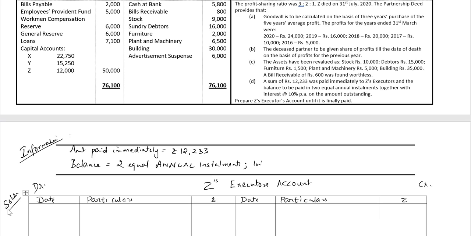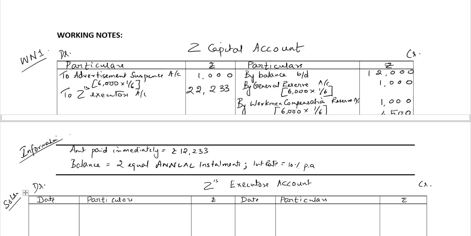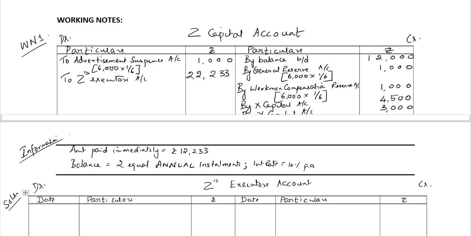And the interest rate is equal to 10% per annum. Now, as per the capital account, the amount transferred to executor's account is equal to rupees 22,233.